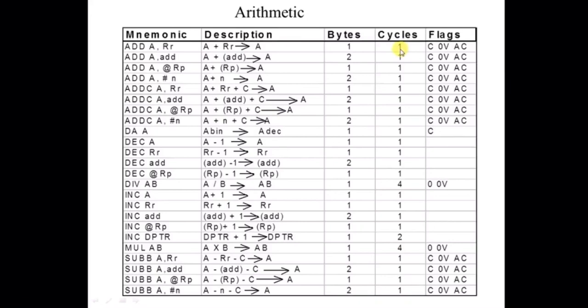The time taken to execute an instruction is defined as the machine cycle, and how many machine cycles it will take is purely based on the operands in your instruction. And these are the flags affected by these operations. So this is the complete arithmetic instruction set, which helps us do addition, subtraction, multiplication, division, increment and decrement.